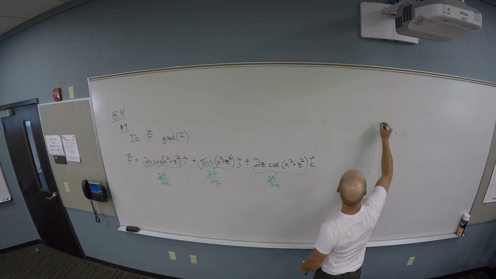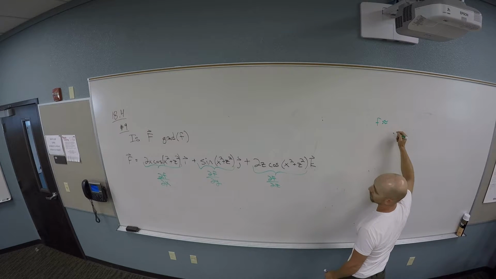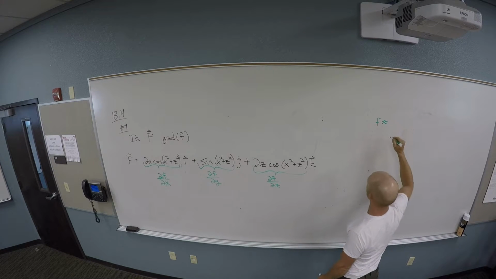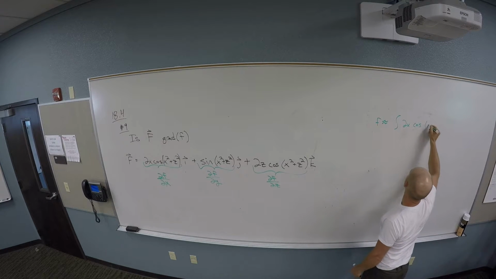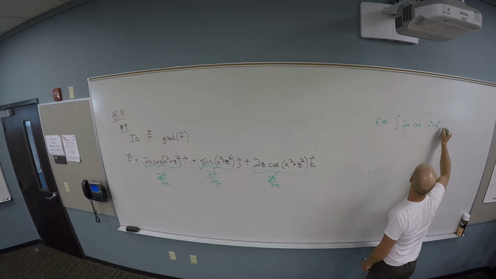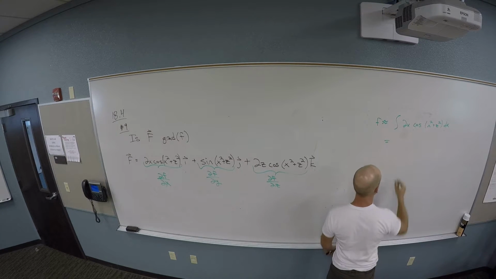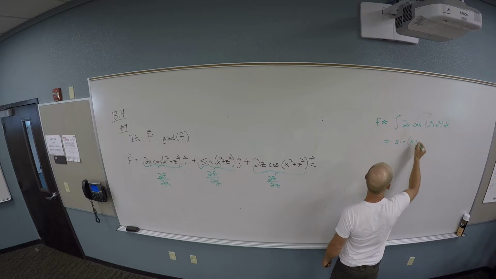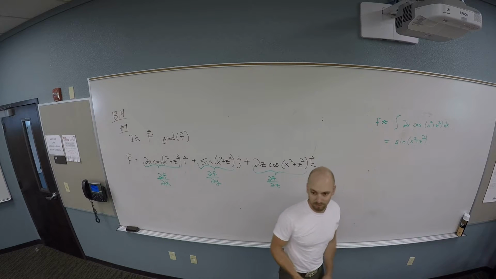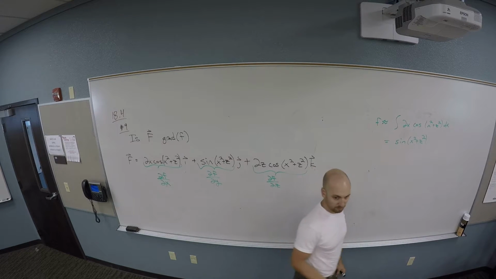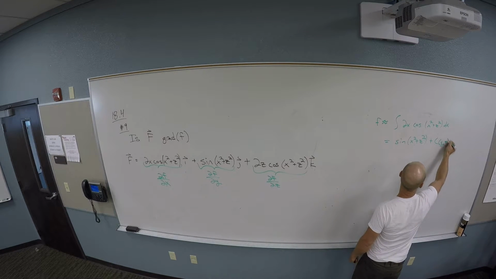So I'm setting up f, which should be about the antiderivative of 2x cos of x squared plus z squared with respect to x, which you might notice is sine of x squared plus z squared plus a constant that's a function of y and z maybe.